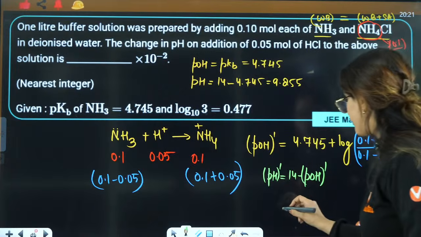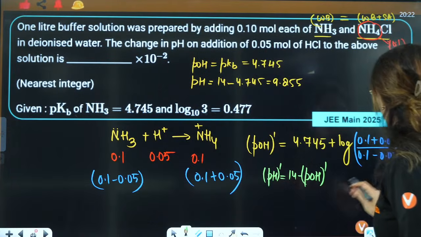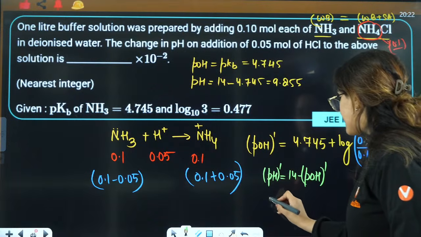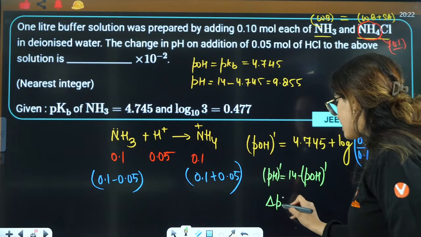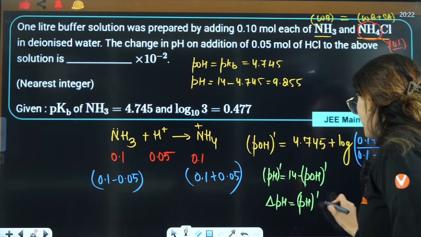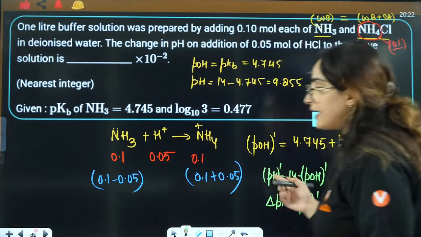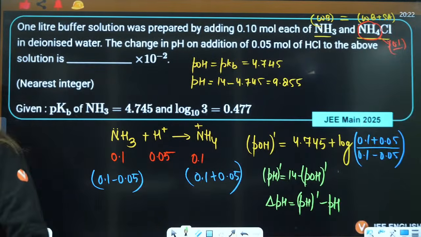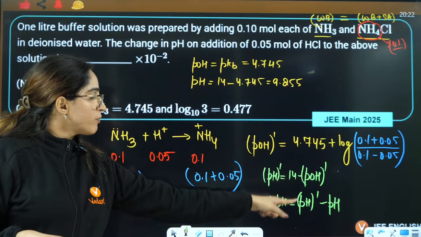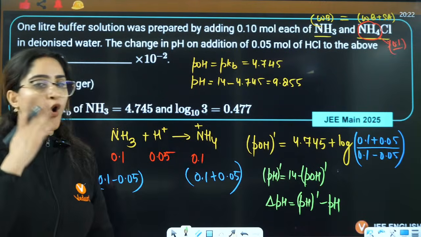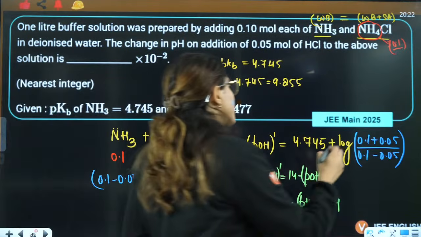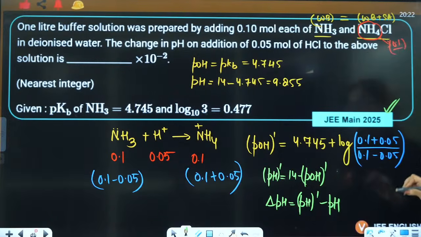Calculation will be a tough task here, right? But I think you can do it. It's not that tough a task, but still. Delta pH is going to be pH dash minus pH. Okay? pH we have calculated here. pH dash you can calculate from here, and you can calculate the value of delta pH, that is the change in pH, and this is your JEE 2025 question.